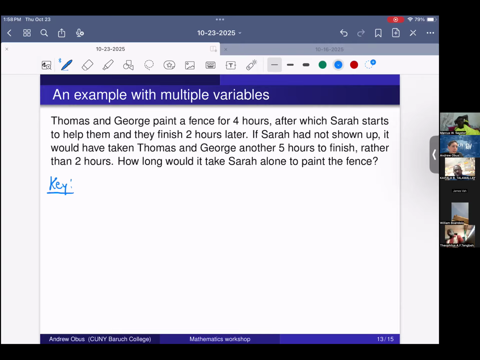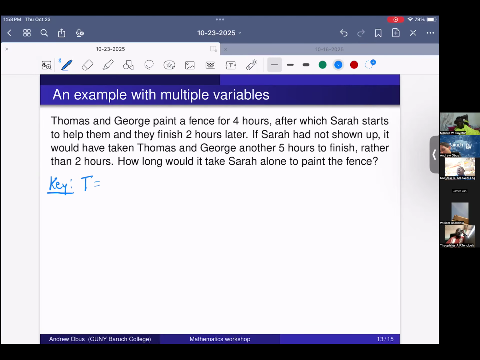Well, basically, Thomas has a certain amount of time it's going to take him to paint the fence, and George is going to have a certain amount of time it takes him, and Sarah's going to have a certain amount of time that it takes her. So we should just give these names.